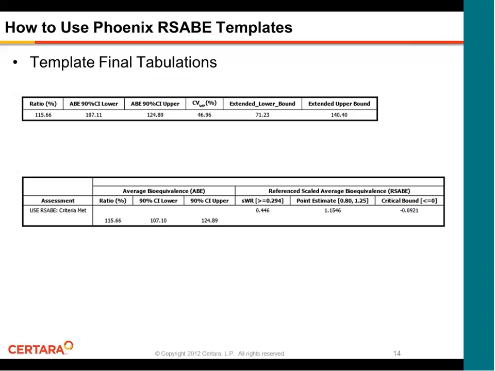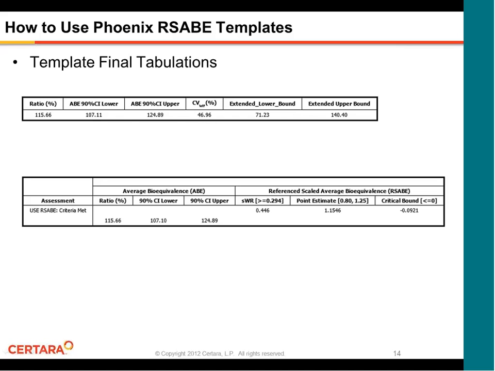Okay, so I'd like to start by showing you what the result is, what you are aiming at with these templates. In these templates, there are two final tabulations. The top one that I have here is for EMA, and the bottom one is the one that you get with the FDA template. So in this table, it uses a Winnonlin table. It shows you the geometric LS mean ratio here, which we also refer to as the point estimate. It shows you the standard average bioequivalence 90% confidence limits.